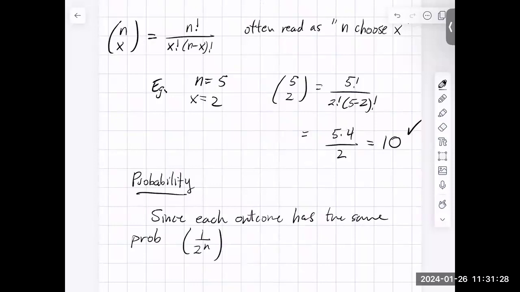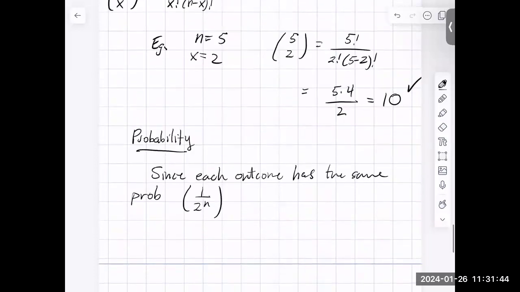We toss up 5 coins, watch them hit the ground, and there's 2 to the power of 5 possible ways they could land. So 2, 4, 8, 16, 32 ways they could land. Each has the same probability of occurring.